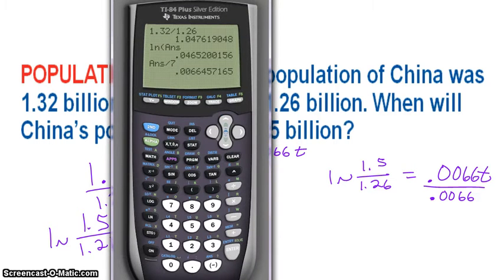So we pull out our calculator. Natural log of 1.5 divided by 1.26. That gives it an answer. And then I'm taking that and dividing by 0.0066. I get a t value of 26.4 approximately.